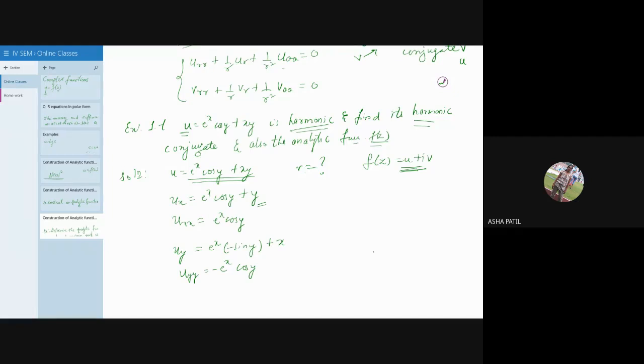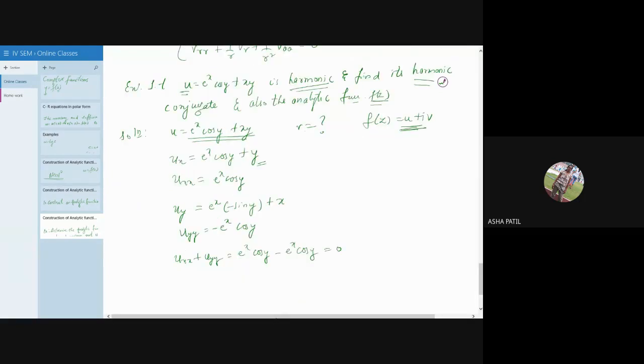Derivative of x will be 0. Now, I can see uxx plus uyy is e raised to x into cos y plus minus e raised to x into cos y, which gives 0. So this implies u is harmonic. U satisfies the Laplace equation, and therefore u is harmonic.